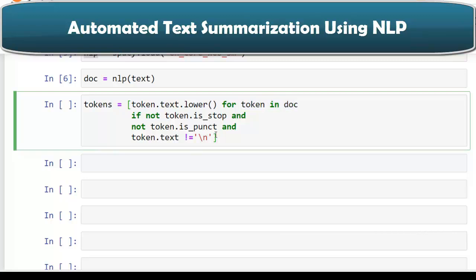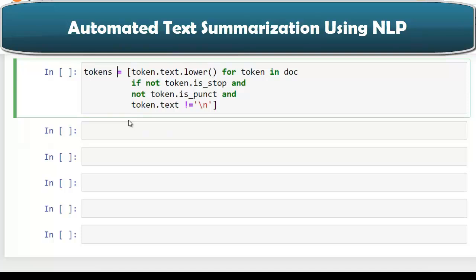If the token meets these three conditions, we convert it to lower case and add it to the tokens list. So this process effectively filters out common words like the or is, punctuation marks, and newline characters from the text, leaving us with a list of meaningful words only.